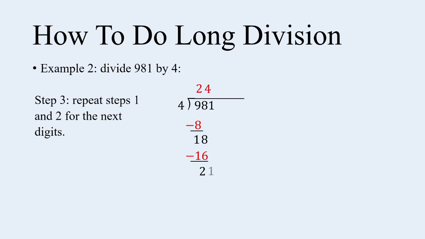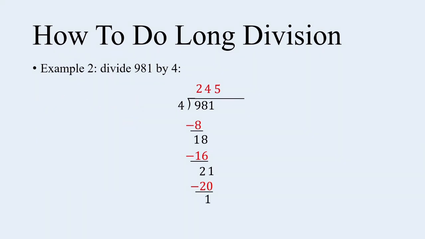Then we move the next digit 1 down to get 21. Repeat this process again and divide 21 by 4 to get 5 with a remainder of 1. Then multiply 5 by 4 to get 20, and therefore subtract 20 from 21 to get 1. Now we have reached the end of 981, and we cannot divide any further. So we take the remainder, which is 1. Therefore, the answer is 245 with a remainder of 1.